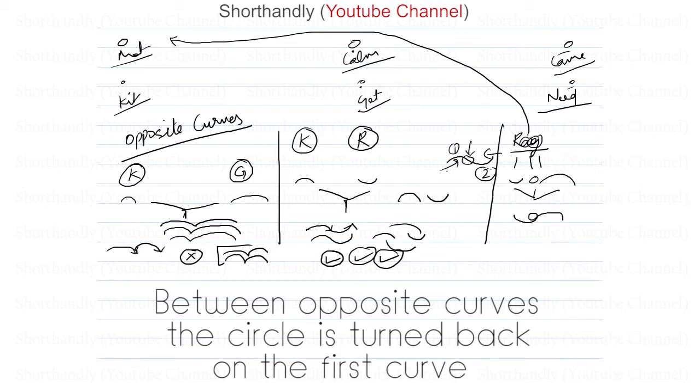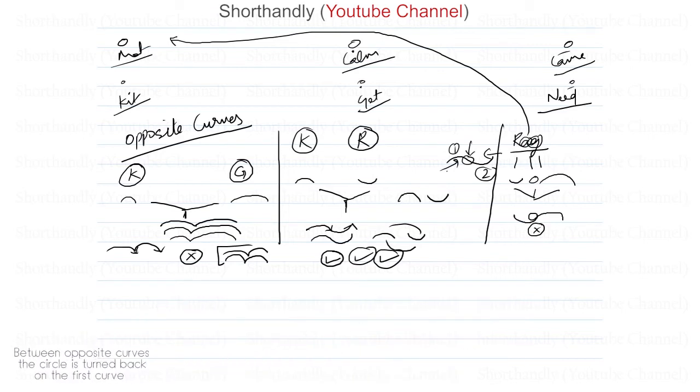This is wrong, because it says between opposite curves the circle is turned back. So instead of going like this, we have to go like this, because we first go like this and then change the direction. So this one is right, and these two are wrong.